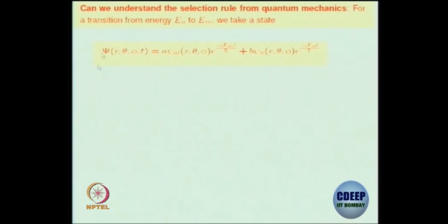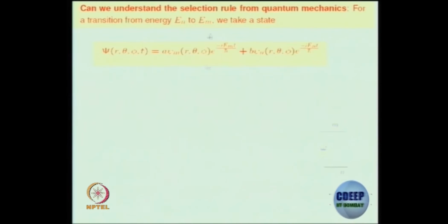To understand that, try to write an arbitrary state. I told you that this toggling cannot happen unless you write a superposed state. If it is in a stationary state, it will remain in the stationary state; there is no way you can undergo a transition. To understand a transition, you need to take a superposed state of these stationary states.